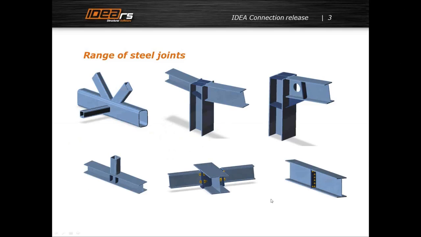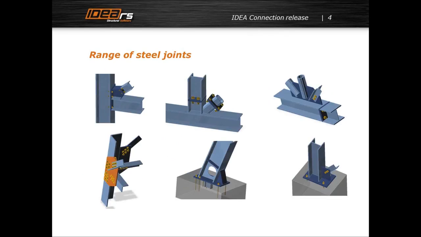So this is my presentation which I normally use. I do it a little bit more briefly, and at the end I show you some live demo of how to construct complex connections.